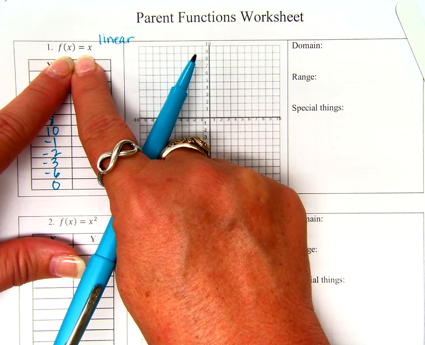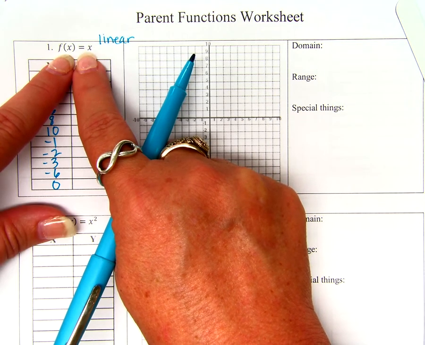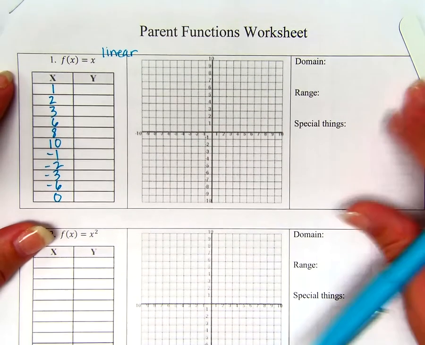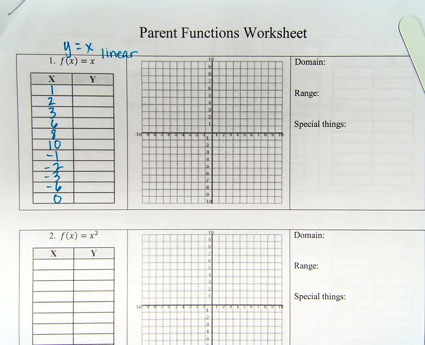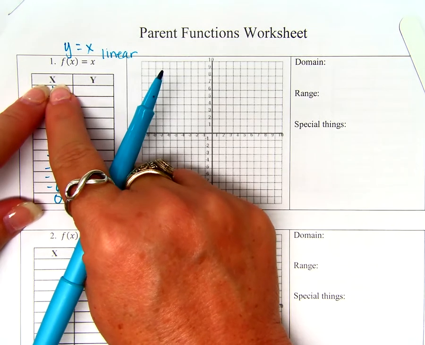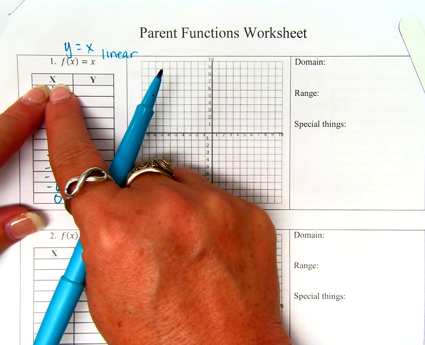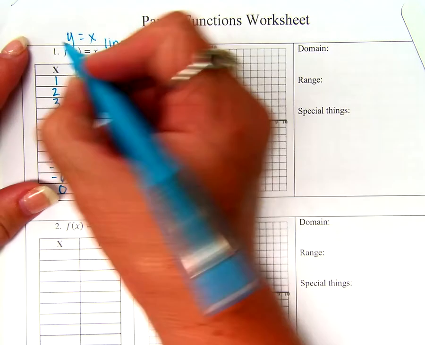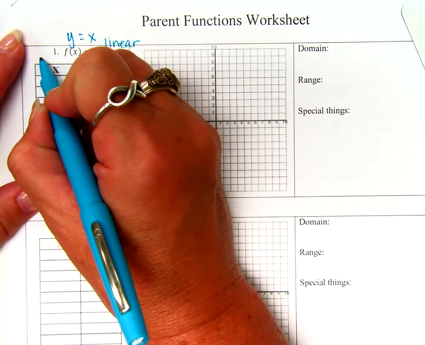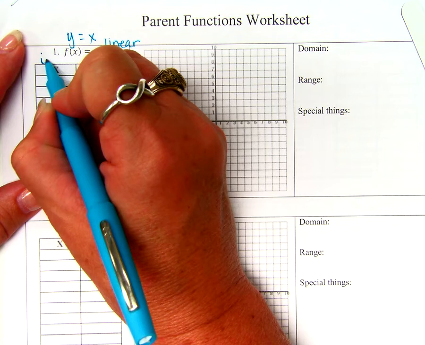Are you guys okay with that? What's another way to write this equation? Y equals x. Okay? So, what values did we choose? We chose the x's, right? What are those values called? What's another word for those values?